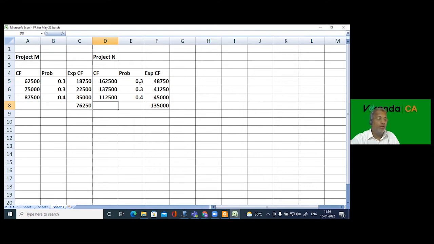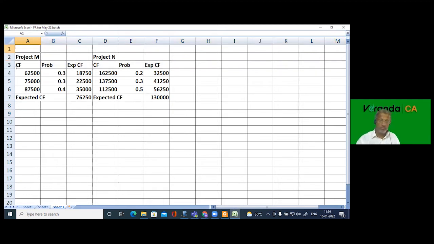With 0.2, 0.3, then 0.5. So, first part of the question, expected cash flow. The expected cash flows for the two projects are 76,250 and 1,30,000.